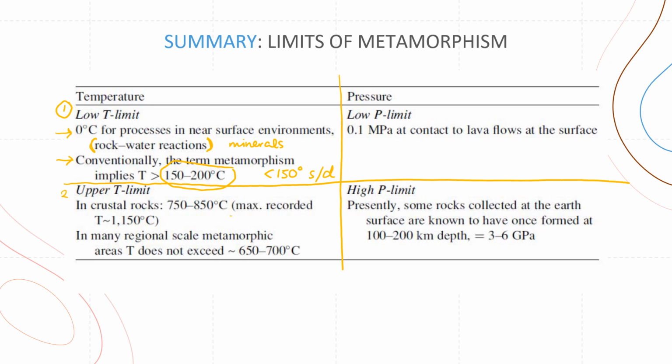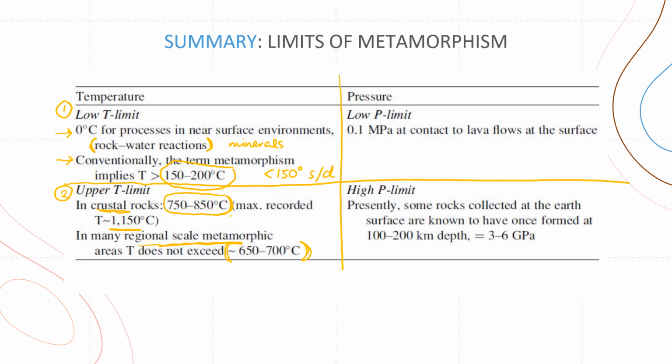And next we looked at the upper temperature limit. In crustal rocks, that would be about 750 to 850 degrees Celsius. The highest recorded one was about 1150 Celsius. And in regional scale metamorphics, the temperature doesn't exceed 700 degrees Celsius.